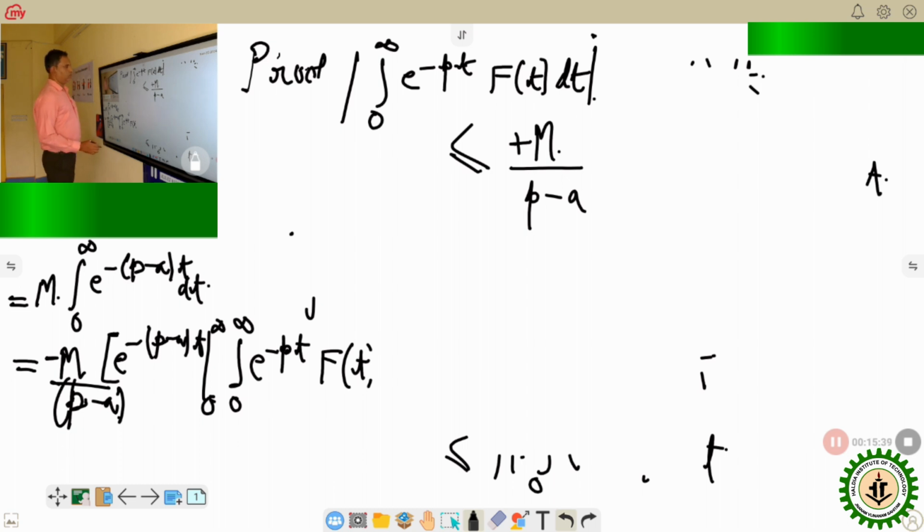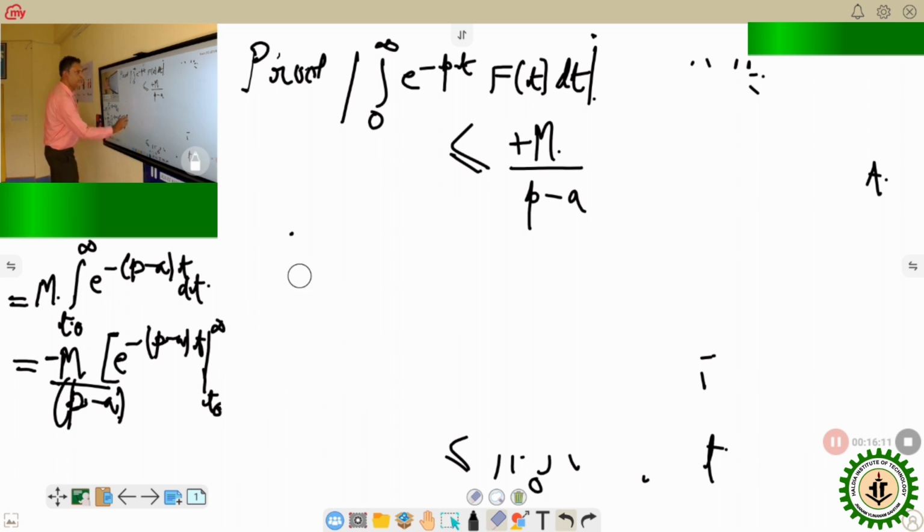Sorry, there is some mistake we are making here. This is not 0. This value is actually t0. This is t0.